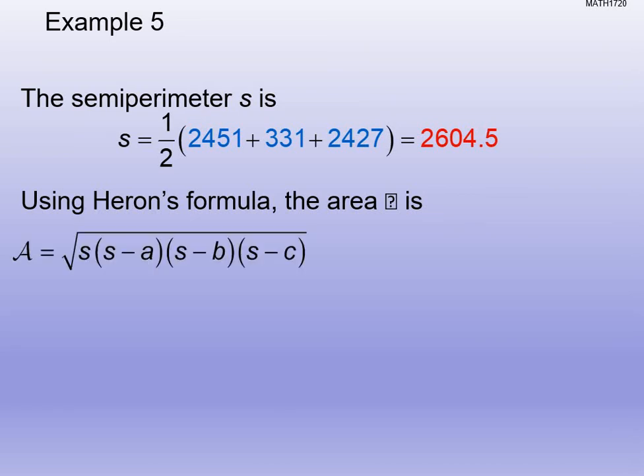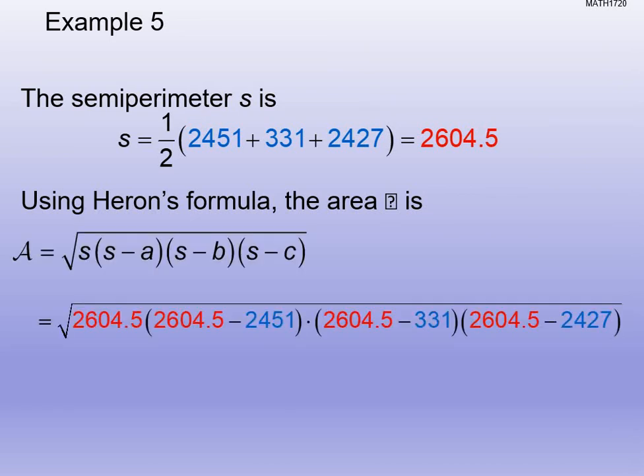Plug in all the given values; you're more than capable of that. We know what A, B, and C are, and we know the semi-perimeter, and we get an area of approximately 401,700 square miles. So there's how we use Heron's formula to find the area of a side-side-side triangle.